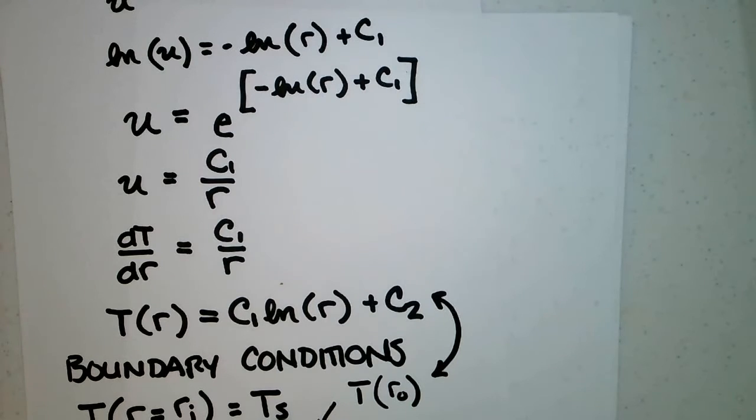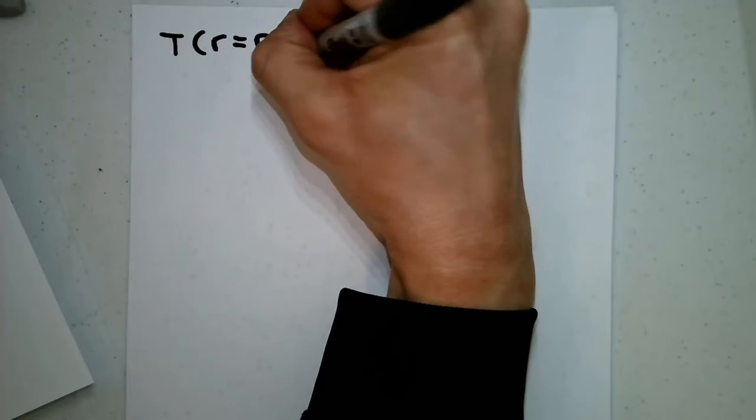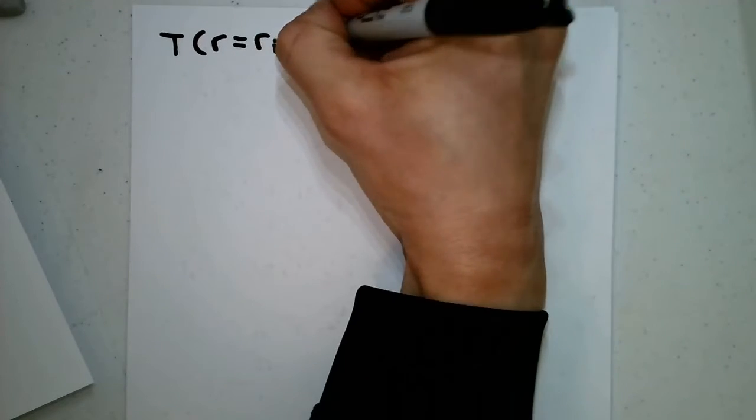All right, so will it help us to evaluate at R_I first? I'm not sure. If this is like 0 or something, we might be able to cancel, but we can start applying any of these. Let's start with T of R equals R_I equals T_S.